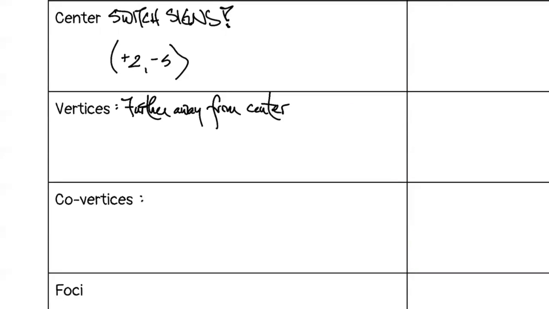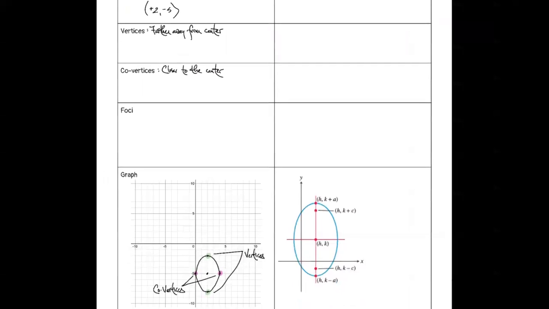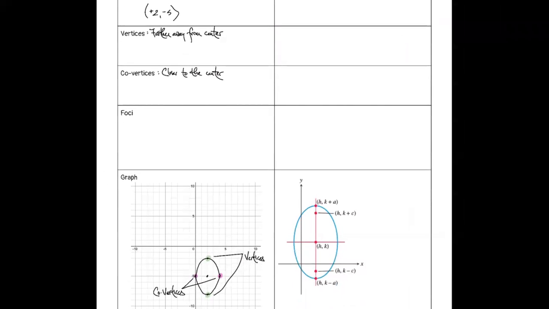And the co-vertices we'll write closer to the center. Okay, so the ones that are further away and the ones that are closer. Now, in this case, the vertices were the green points because they're further away, not because they're green. Okay, because they're further away.